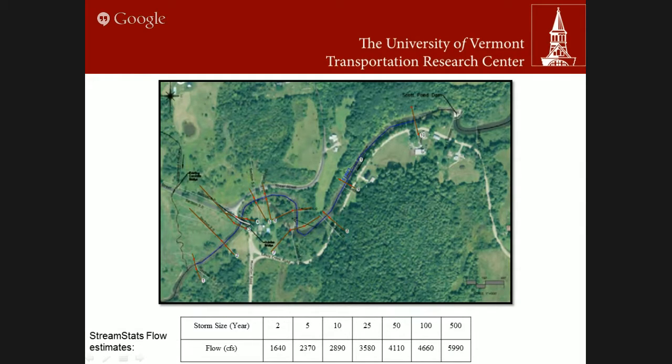They generously provided us with data that they had collected in 2000, about 4 years ago. So we were able to come up with an existing condition for the site using that cross-section data, but also StreamStats, which is a USGS program that estimates flows based on regression equations. And so we were able to get different design storms and set up our model.